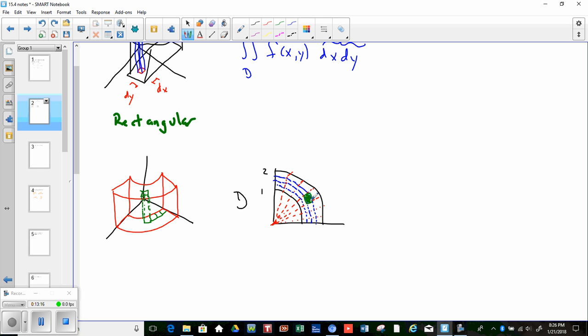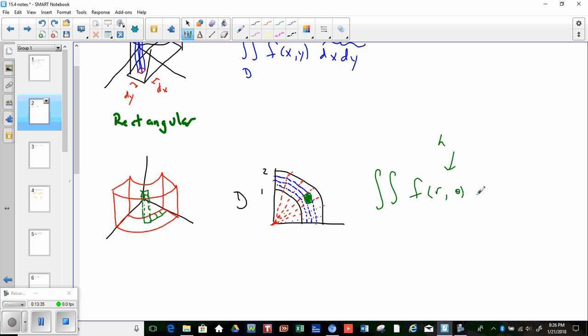So we're going to have some kind of a double integral of f of r theta. And remember that f of r theta is this piece up top that's floating in space. That's basically your height.